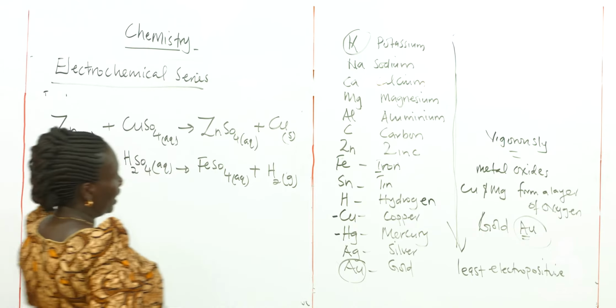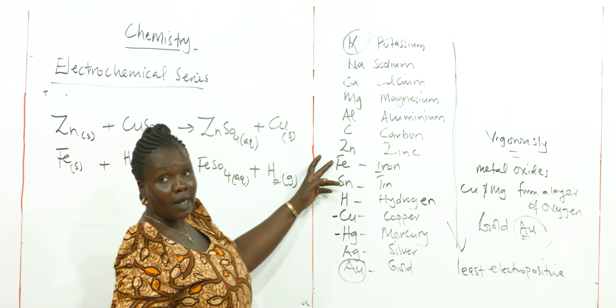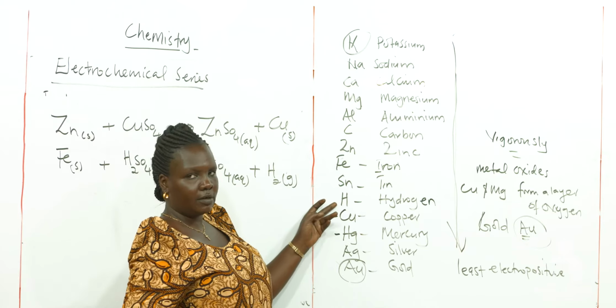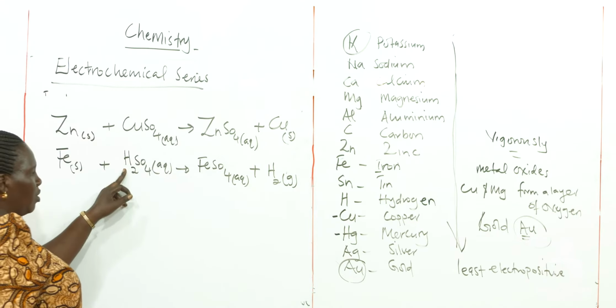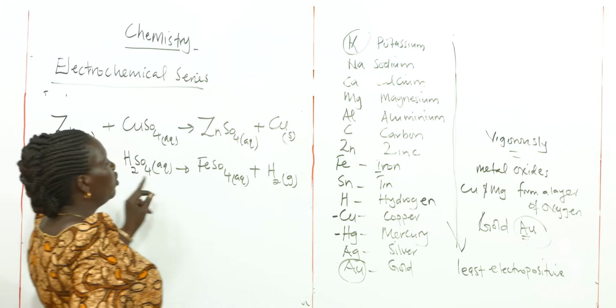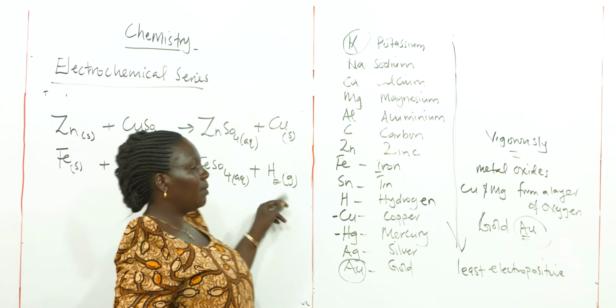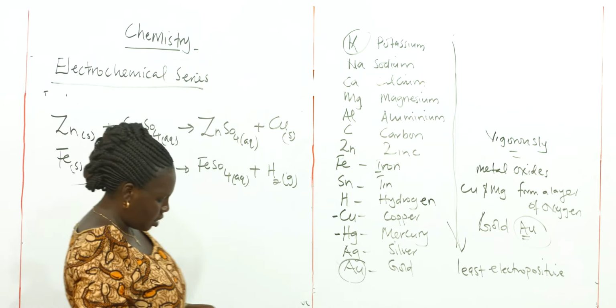So when you look, iron is above hydrogen in the series. That's why iron displaces hydrogen from sulfuric acid to give us iron sulfate plus hydrogen gas.